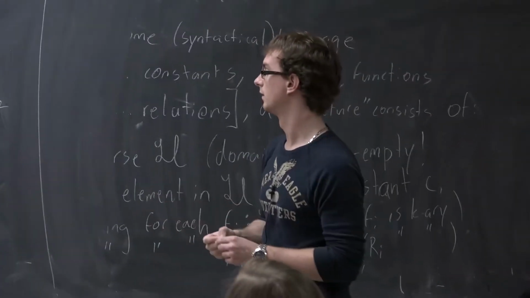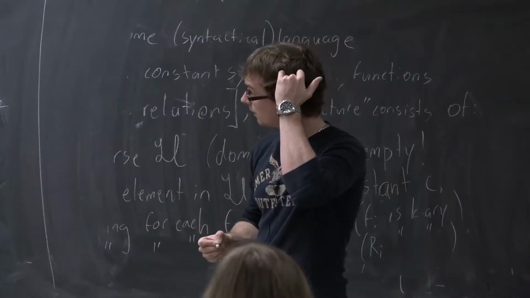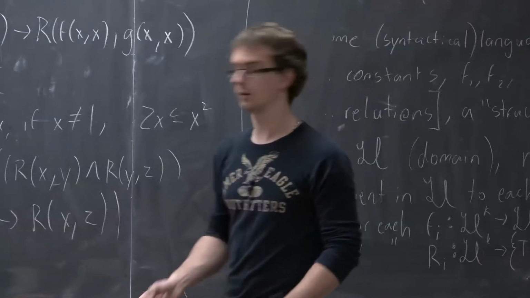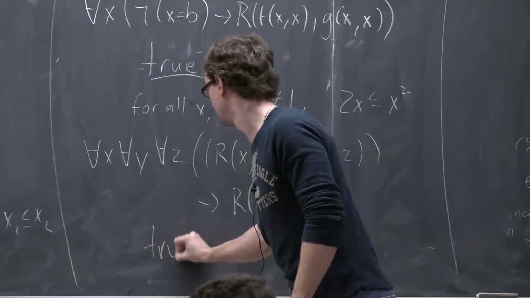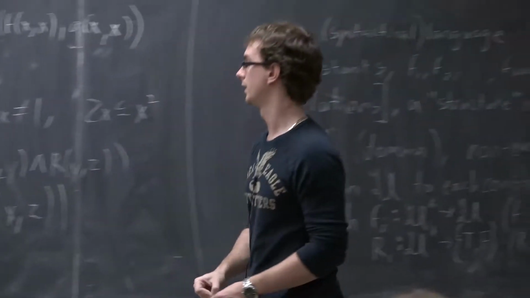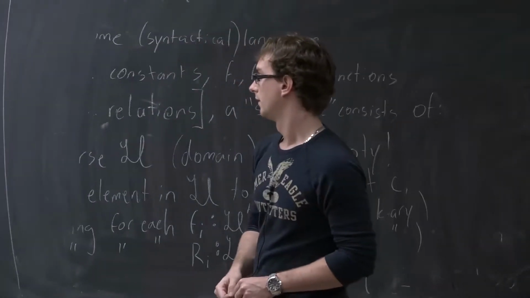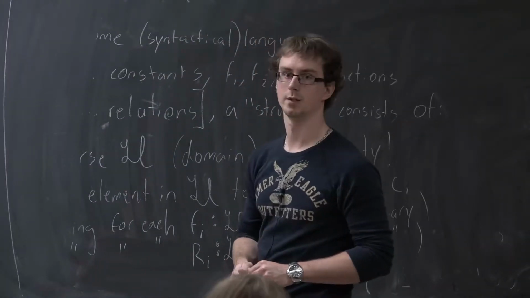Sorry, less than or equal. And again, it should be clear that this is true as well. This is the transitive property for natural numbers. Everyone sees why.